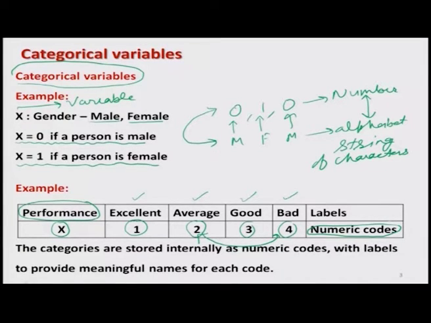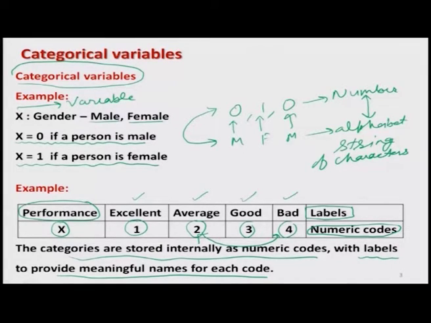So, these strings such as excellent, average, good or bad are called labels. And these numbers are called numerical codes or numeric codes. What is really happening is that these categories are internally stored as numeric codes, and these labels are chosen in such a way that they provide a meaningful interpretation and name for each code.